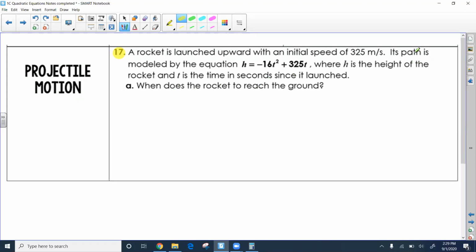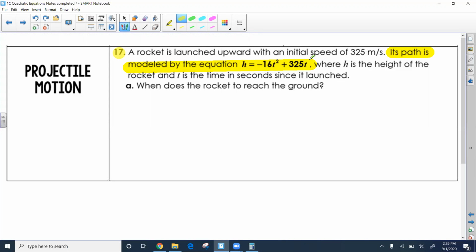So we know we're talking about a rocket. So a rocket's path, we don't really need to write down this first sentence. The 325 is already part of our formula here. So let's write down this. A rocket's path is modeled by the equation. So make sure you write down the equation.